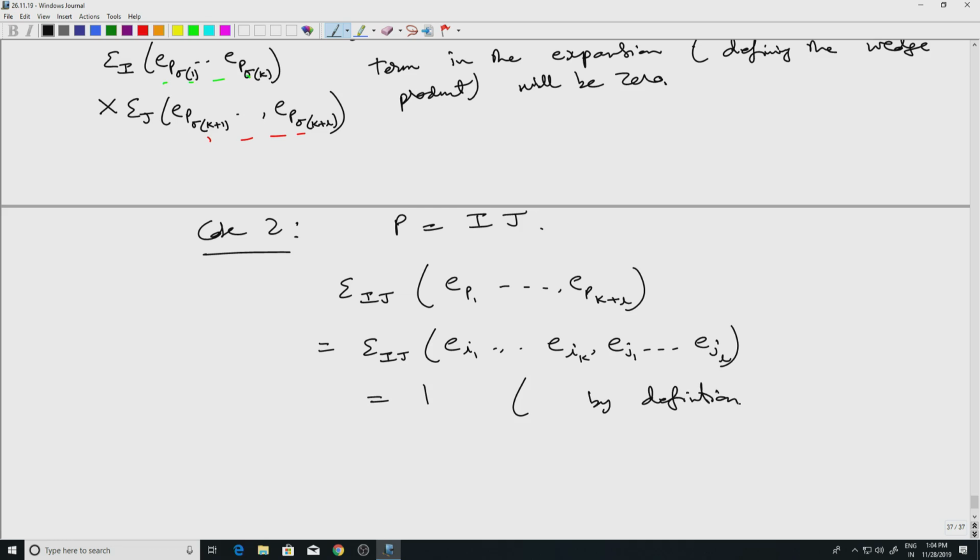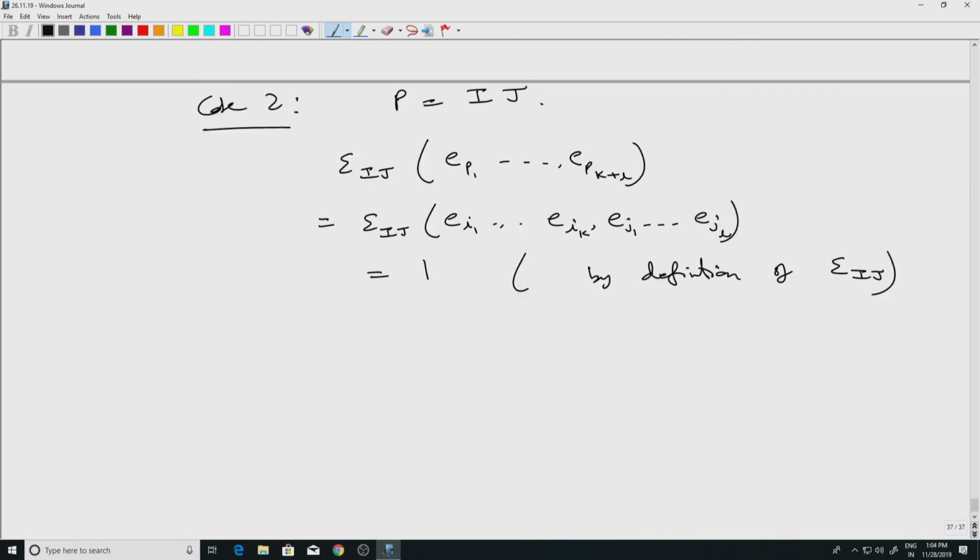Go back to the determinant definition of the epsilon forms, and then immediately it's clear that this is equal to 1. What about the left hand side? The left hand side is what requires a bit of work. So let's look at the left hand side.